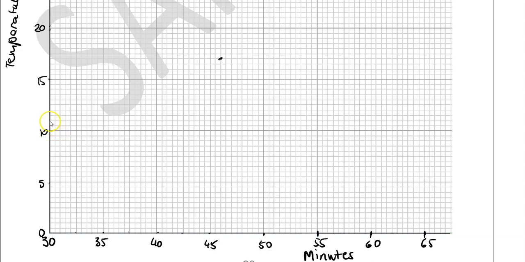When temperature is 12, it took 38 minutes. So 36, 37, 38.